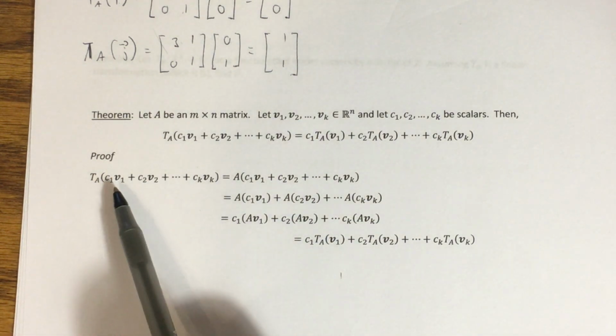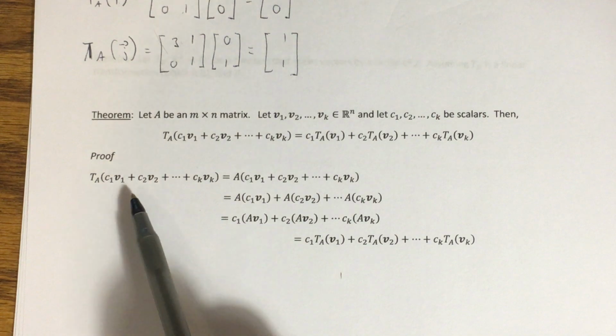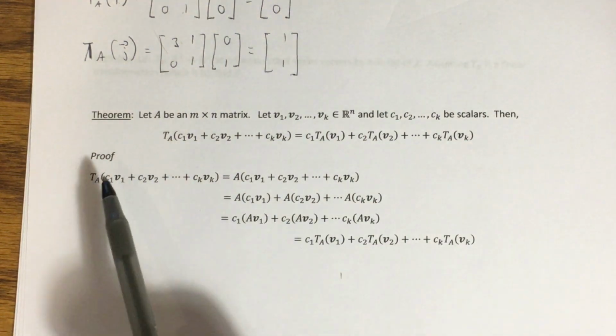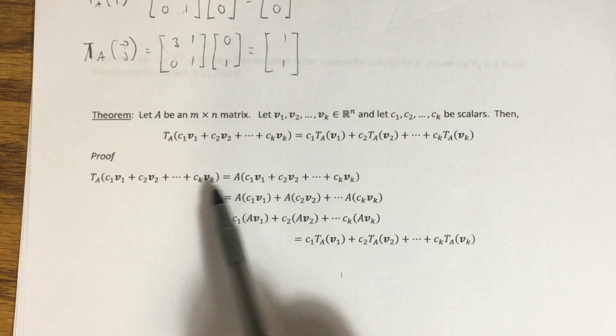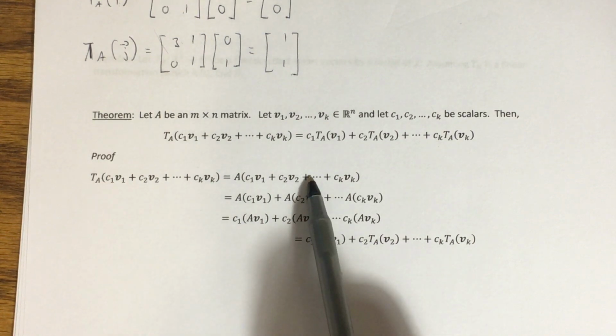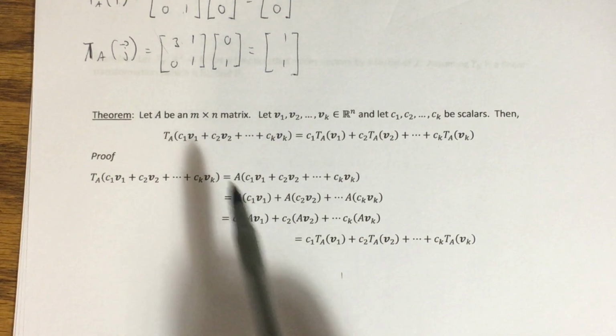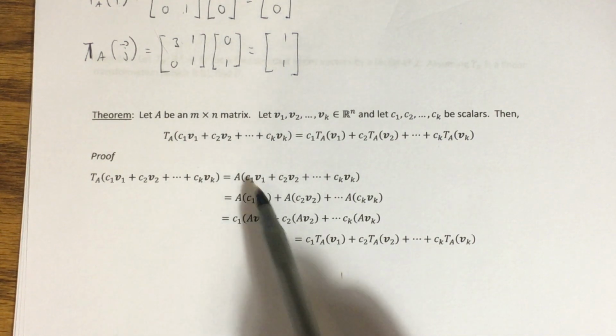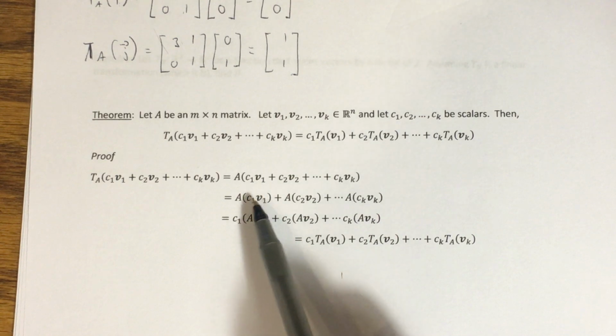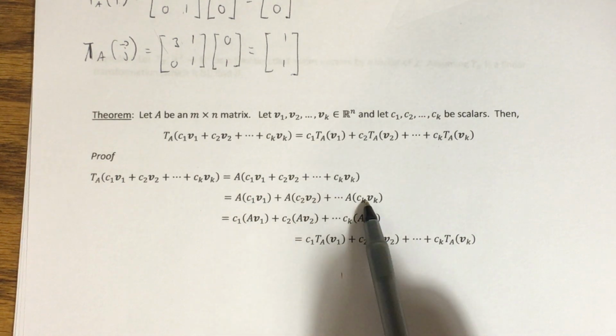Okay, so this follows from basic matrix properties that we've already talked about. What does T of A of this input actually mean? Well, it means that I multiply this input on the left by the matrix A. Since this is matrix multiplication, which has the distributive property, I can distribute A over each individual term.